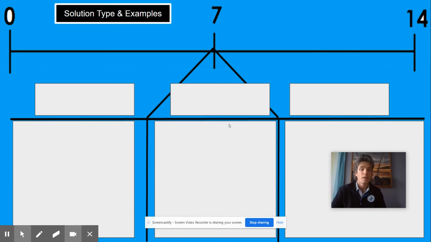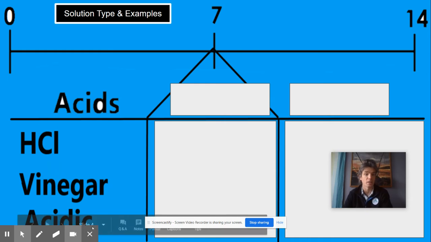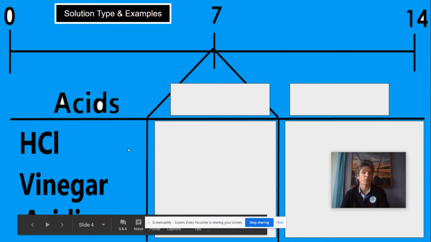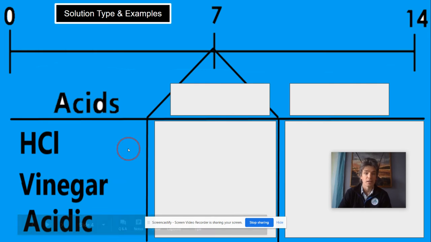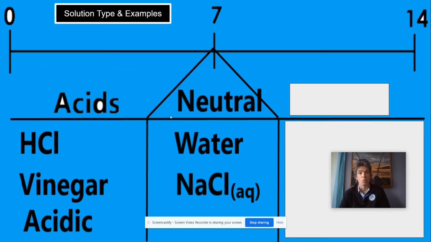Now, when you're dealing with pH, if you've got a pH less than 7 or a low pH, you're talking about an acid. These are things like vinegar, hydrochloric acid, also known as acidic stuff. And if you've got a 7, that means neutral, and that's things like water, distilled water, but also lots of things dissolved in water, like salt water.